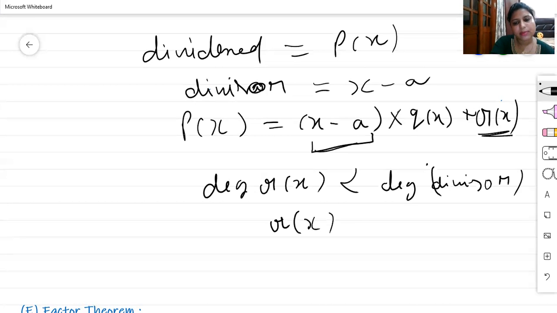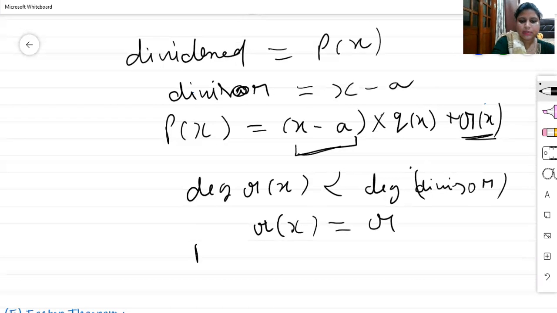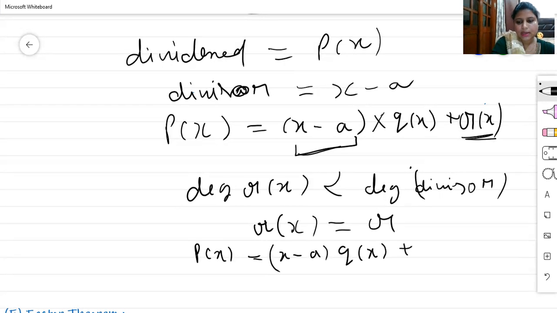So r(x) will become a constant polynomial. Let r(x) equal r. Putting this value, p(x) equals (x minus a) into q(x) plus r.